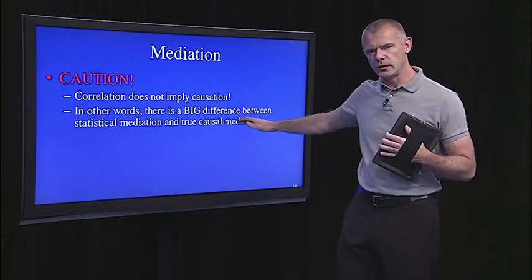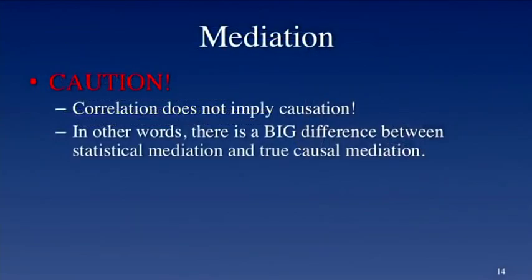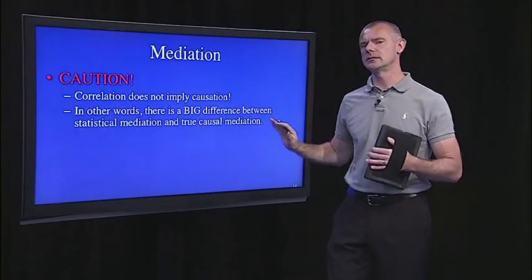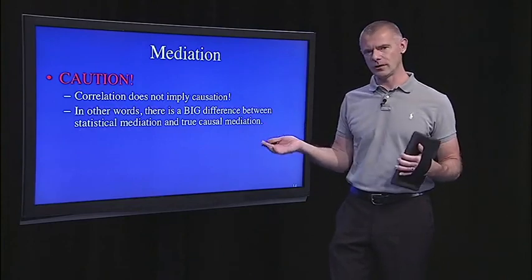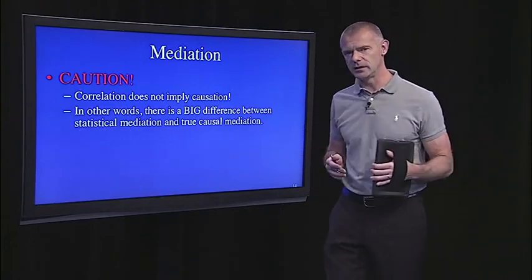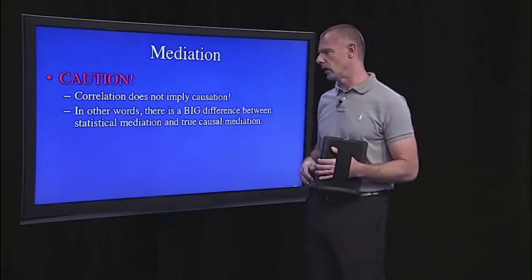And I like to put in here in my graduate level class, there's a big difference between statistical mediation and true causal mediation. So we might have evidence for full mediation in a statistical sense. But if we're just dealing with cross-sectional correlational data, it doesn't mean we can make any strong arguments about causality.